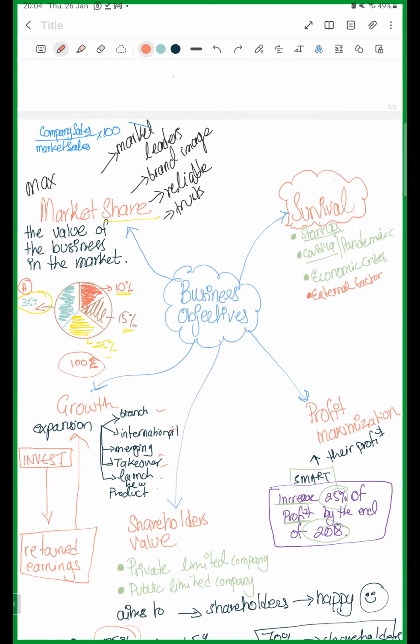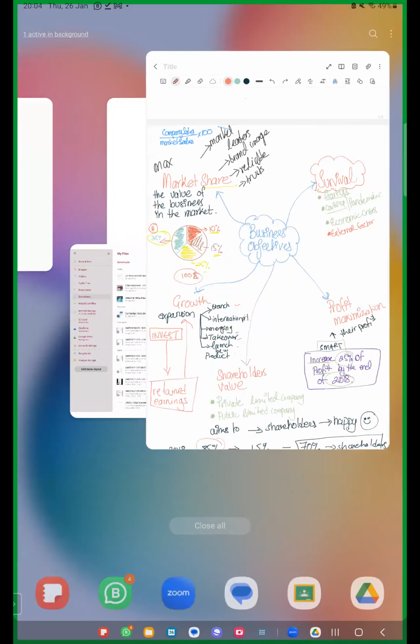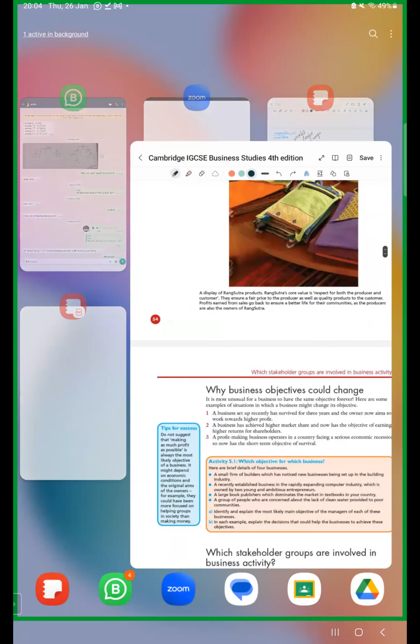Okay, perfect. All right, moving on. I'll just take 5 more minutes and finish this chapter and then let you guys go. So we're done with all the business objectives.